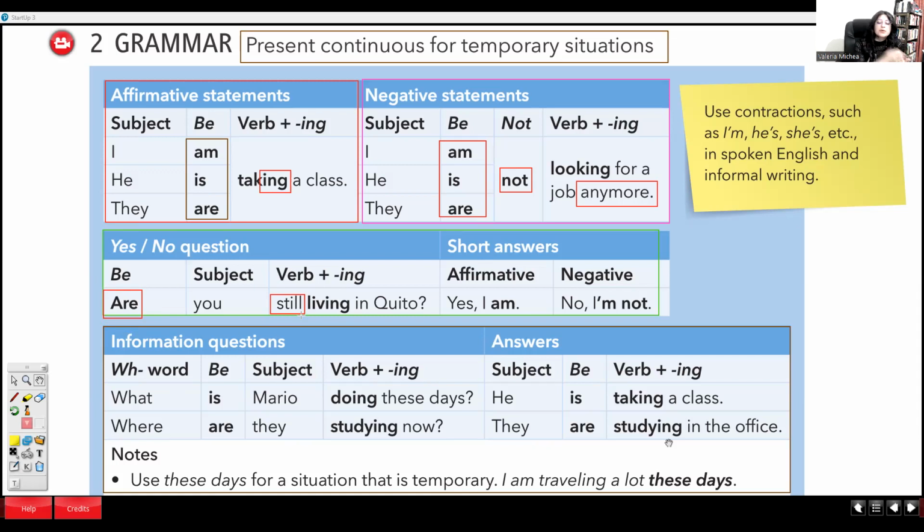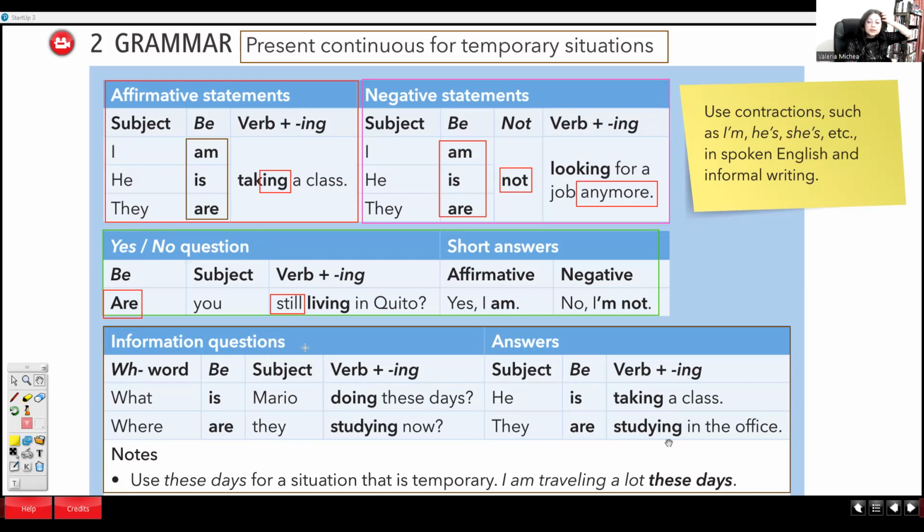Questions always start with the verb to be, and then the rule continues to be the same. Are you still living in Quito? Are you still taking English classes? Are you still looking for a job? Etc. That's it. And finally, we have information questions, which are open-ended questions.